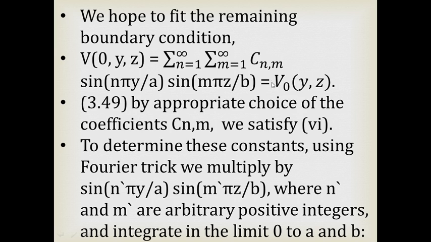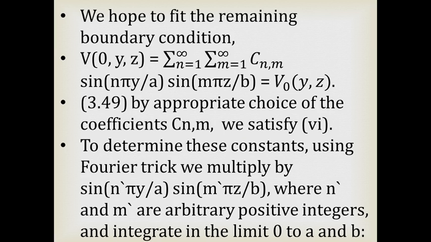This is equal to V0, which is a function of yz, since the potential is specified on this boundary. Let us say this is equation 3.49. By appropriate choice of the coefficient C nm, we can satisfy condition 6, and that way we can obtain the specific solution to our problem.